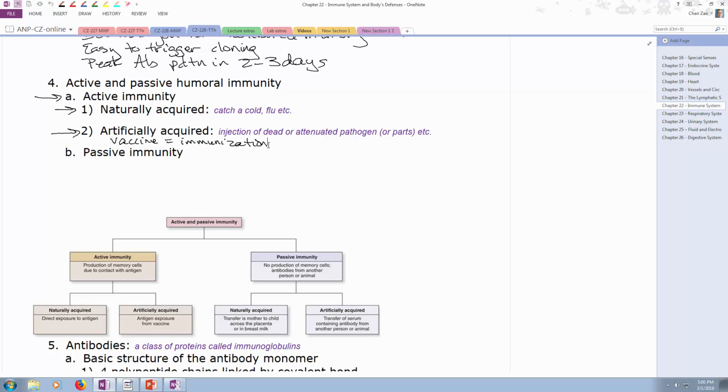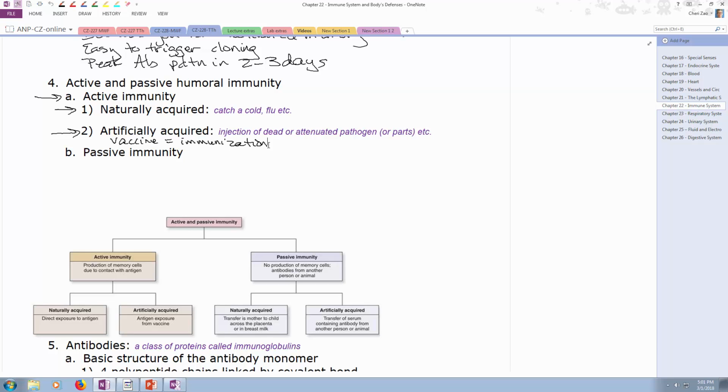Also, another nice thing about mom is she's making antibodies for whatever's in her environment, correct? Whatever she's getting exposed to, she's got a normal immune system, she will make antibodies. Even if it's a primary exposure, okay? Primary exposure, secondary exposure, it doesn't matter. If you're having a normal immune response, you will make antibodies. The rapidity and the level of antibody production depends upon whether you've seen it or not, correct?